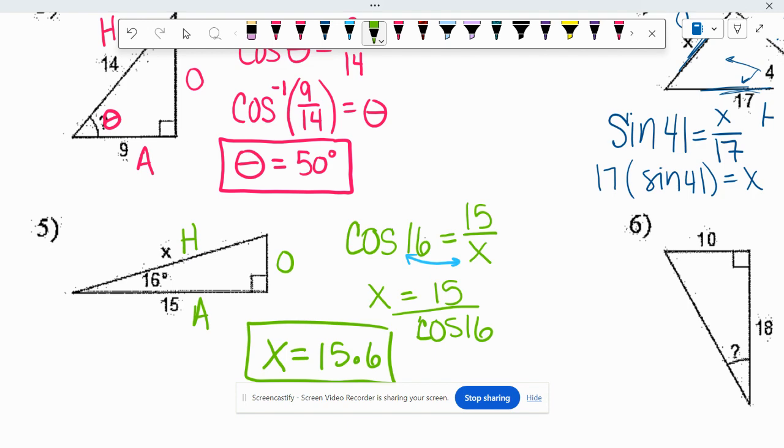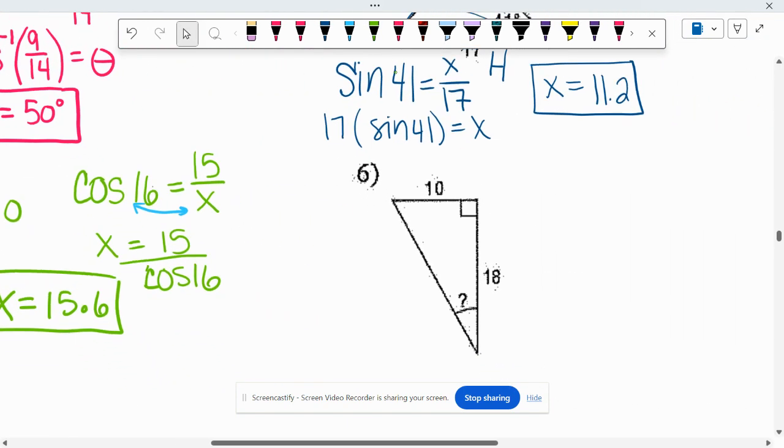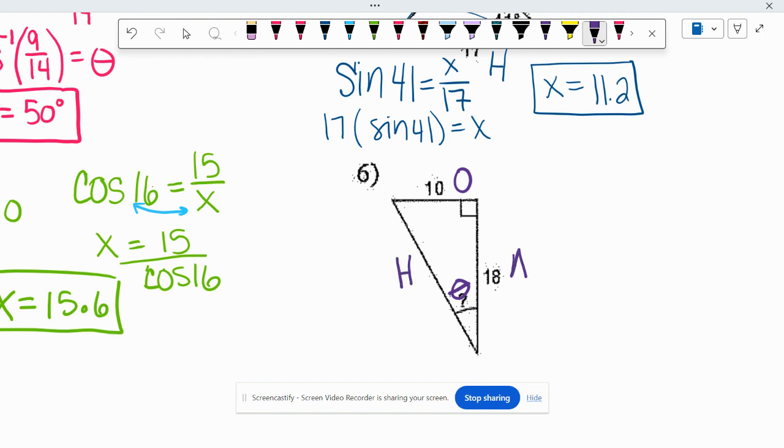Okay. Number 6, Edgar. From this angle, which we're going to name theta, label your sides, please and thank you. So Edgar, what trig function uses the opposite and the adjacent, or the O and the A?